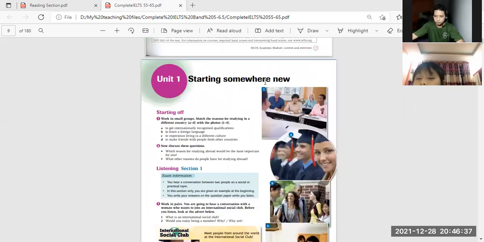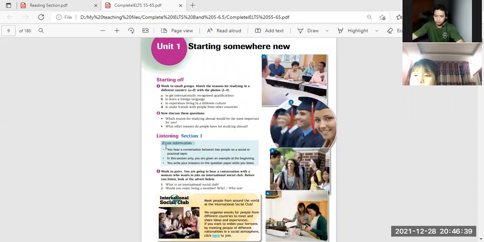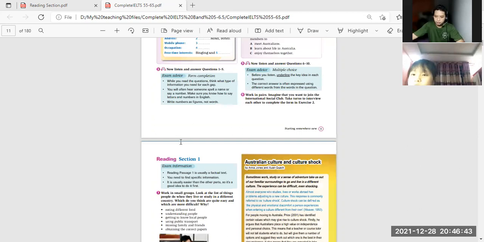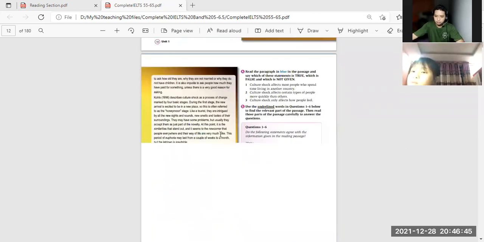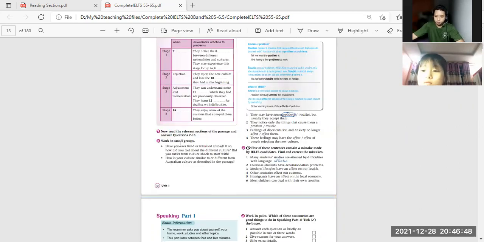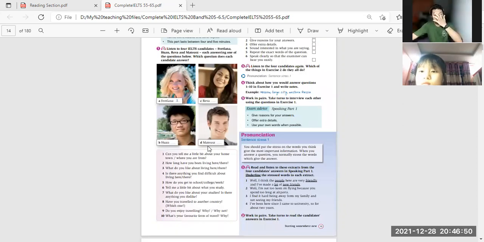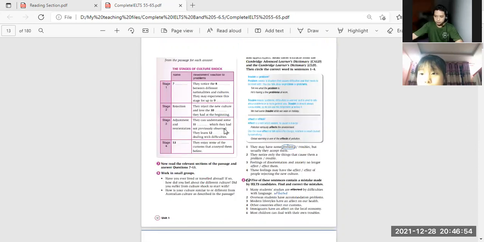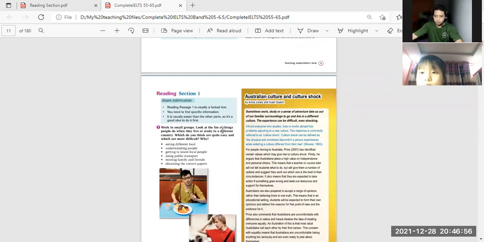In unit 1, about starting somewhere new, we have listening section 1 and reading section 1, and there is also speaking part 1 and writing task 1. But in today's lesson, I will start with reading section 1.